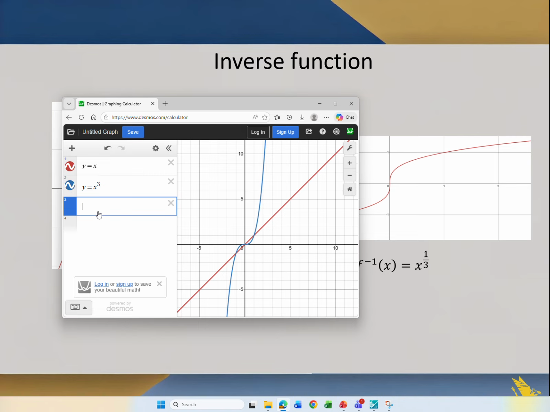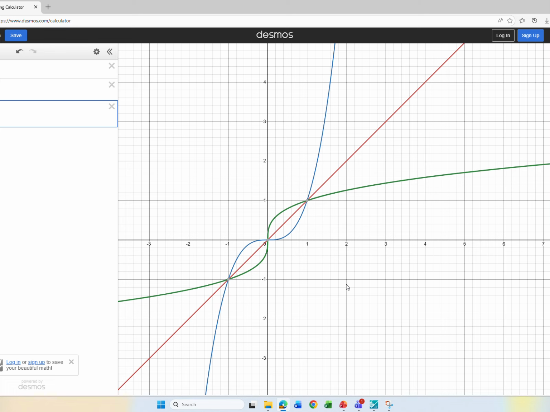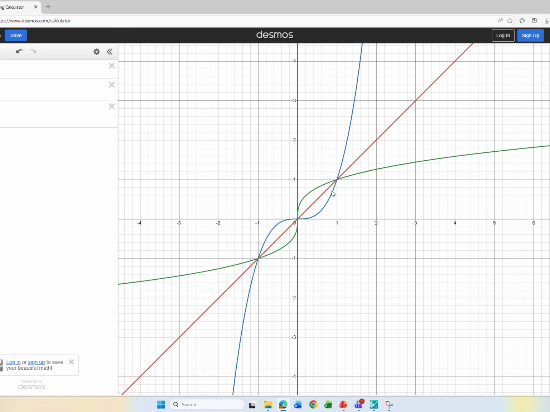And we've just said that our inverse is going to be y is equal to x to the power of 1 over 3. So what we can see is there's that relationship with this mirror line. Now, this mirror line means that our inverse and our function is always going to meet on that mirror. So we can see it's meeting at 1 and 1, 0 and 0, and -1 and -1.